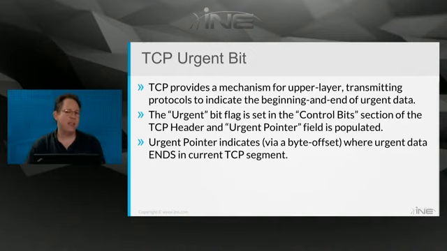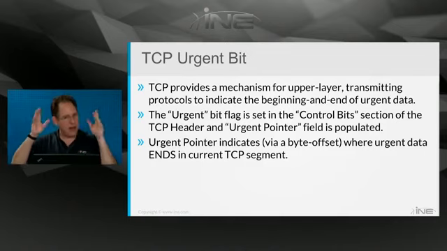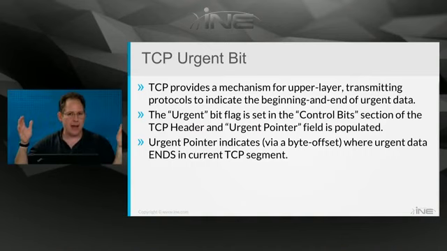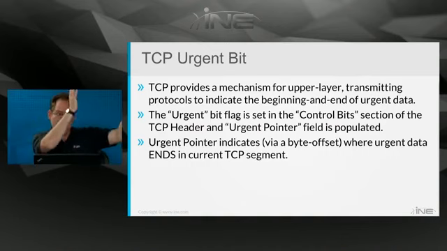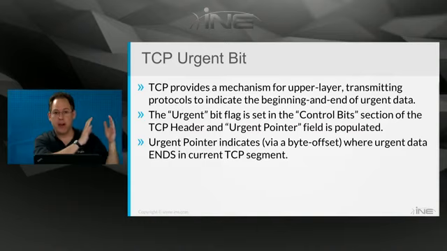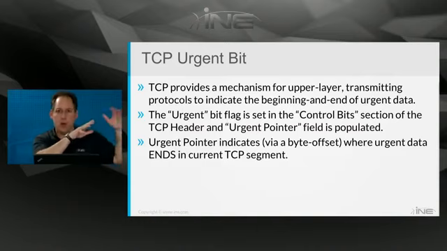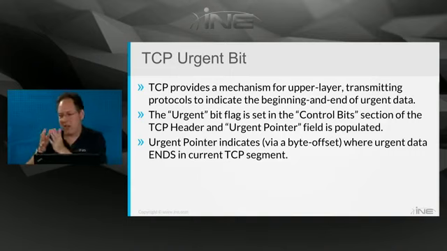So when TCP is made aware of that, here's what TCP is going to do. Now keep in mind, we don't know where in the process of creating a segment TCP is right now. Let's say that before this urgent data came down from the upper layer, there were already some normal bytes, and TCP had placed those non-urgent normal bytes at the beginning of a segment.